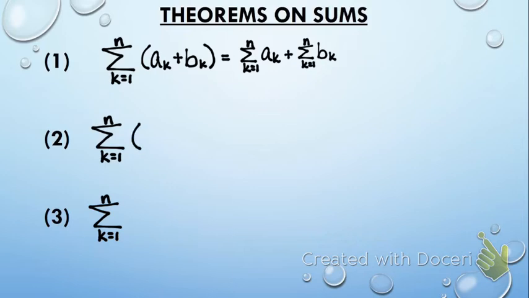Similarly, it works the same way for subtraction. You could find the sum for each sequence and then subtract those totals.